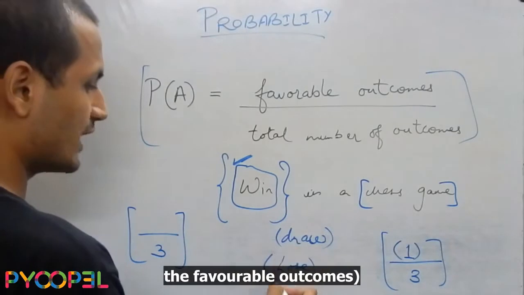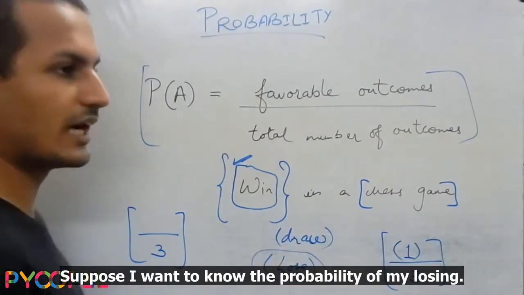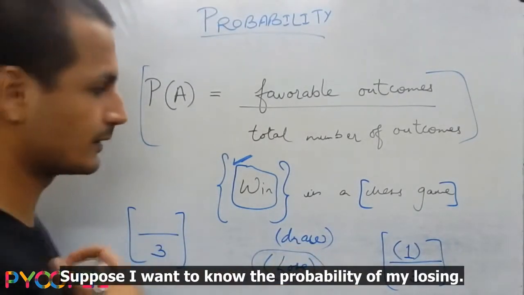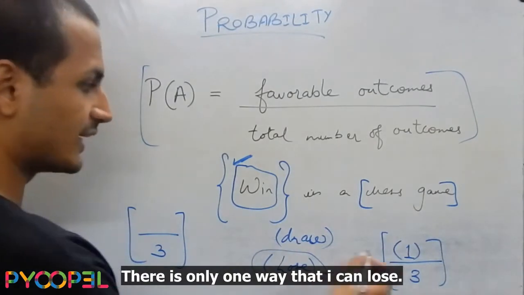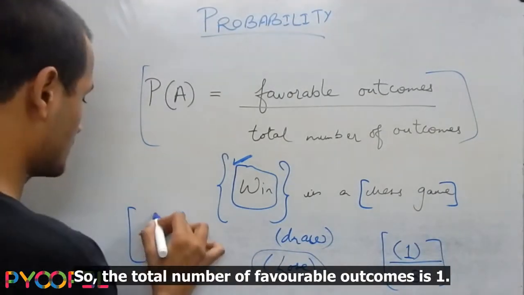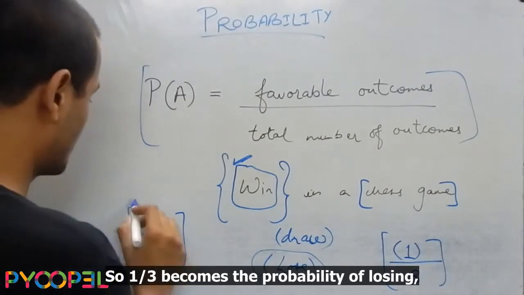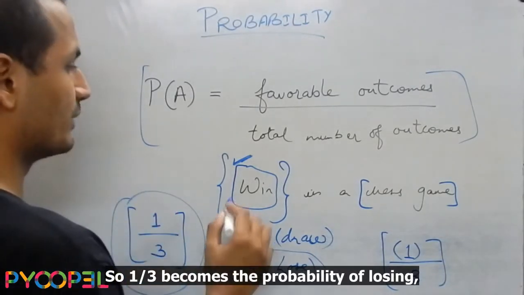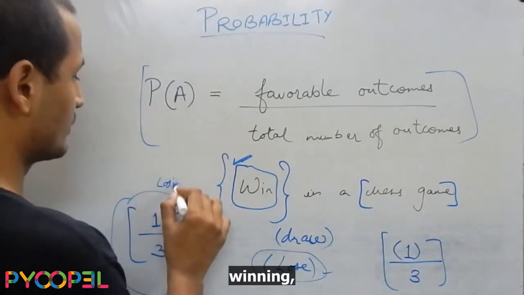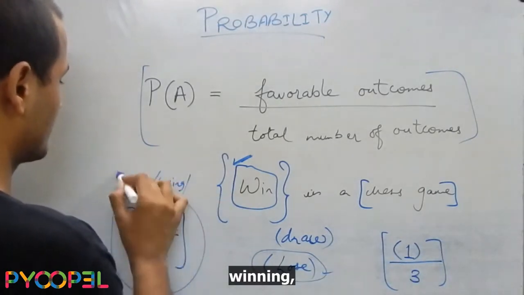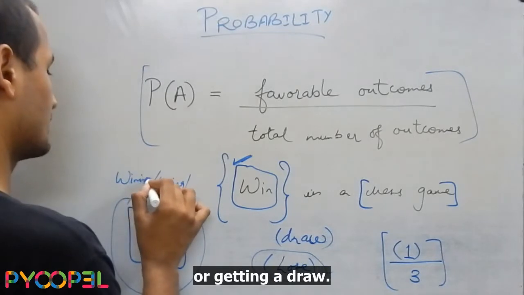So suppose I want to know the probability of my losing. There is only one way that I can lose. So the number of favorable outcomes is 1. So 1/3 becomes the probability of losing, winning, or getting a draw.